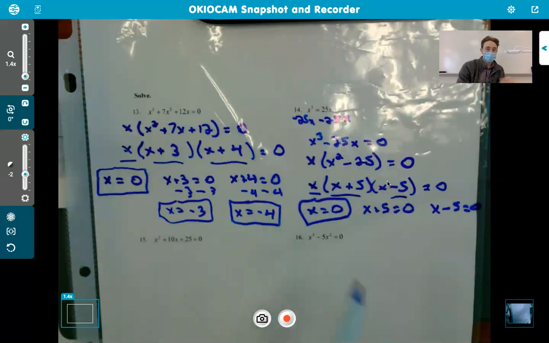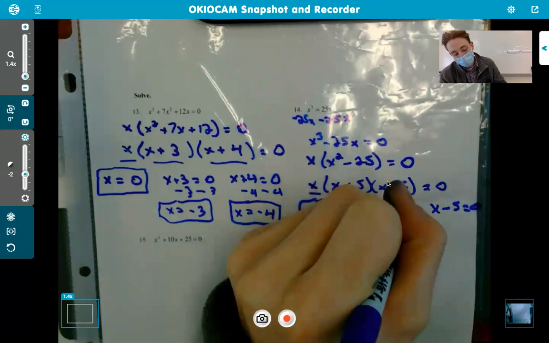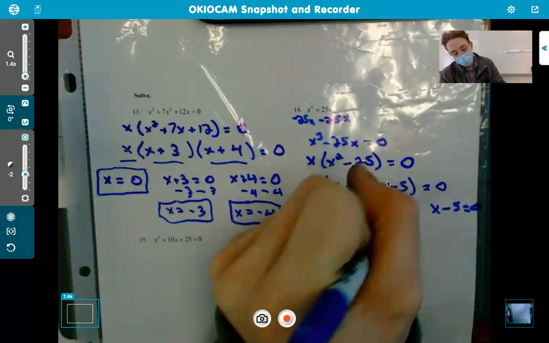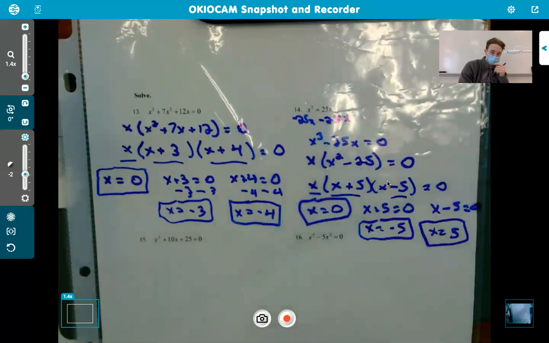I know x equals 0 is one of them, and the other two would be what? X equals -5, and x is equal to positive 5. Okay. Any questions about 14?